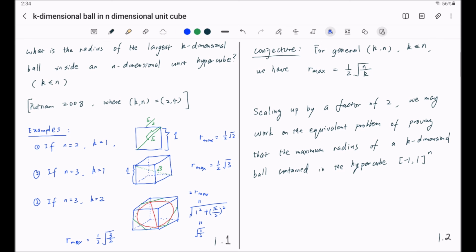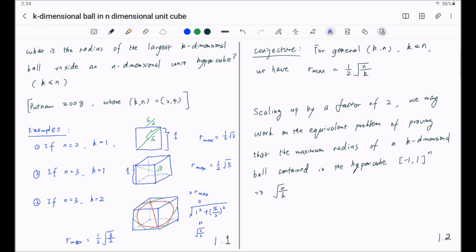So basically, what we are doing is that we translate an arbitrary hypercube to the origin and scale it by a factor of 2. So this problem is apparently equivalent to the original one.